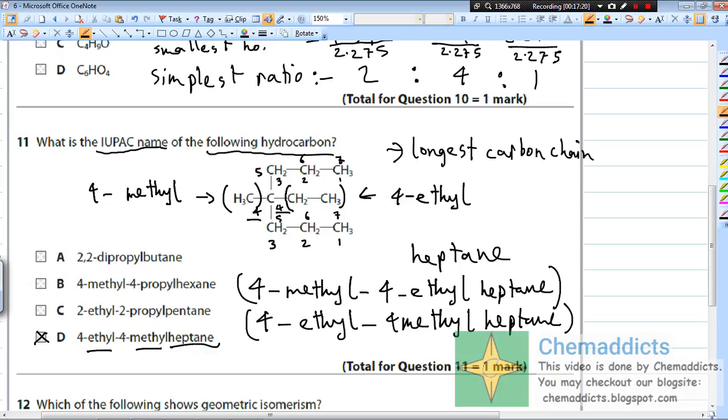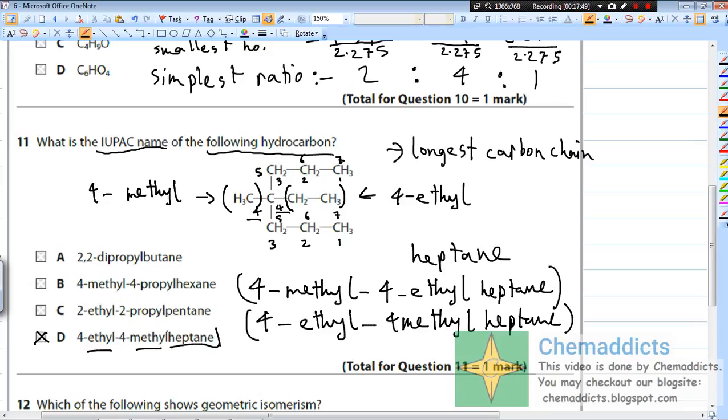Here is one thing that we should have noticed earlier: the longest carbon chain of this compound is 7, so the name should end in heptane. The only correct answer has the name heptane in it.